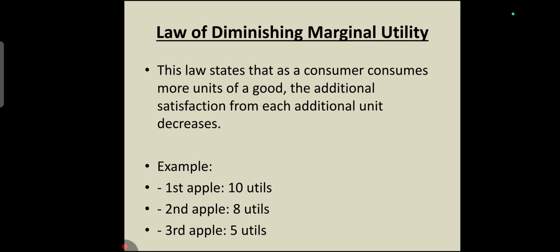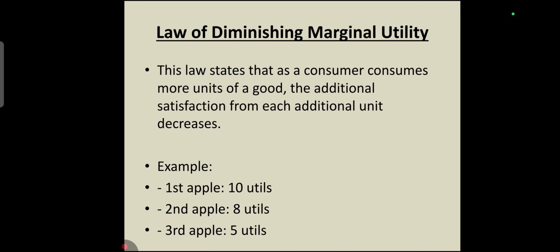Next, we have the law of diminishing marginal utility, which is a very important concept of the cardinal utility approach. When we talk about cardinal utility, we have to focus on merely two things, that is the total utility and the marginal utility. Total utility is simply the number of units that we are consuming for each product.